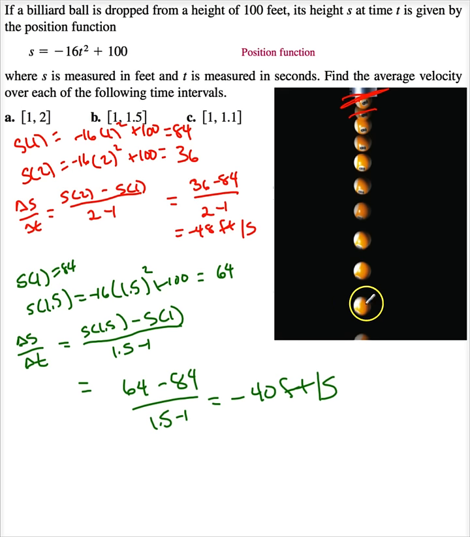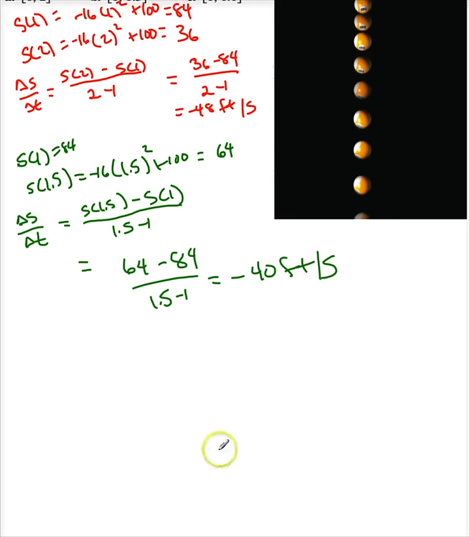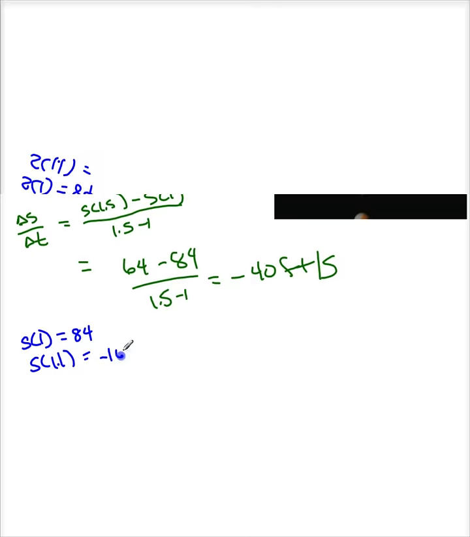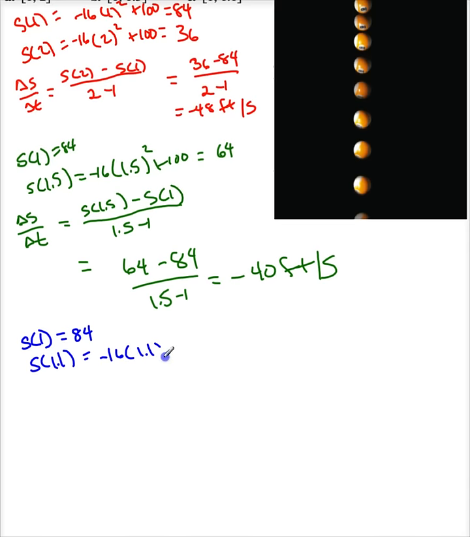Now I'm running out of room on my board here, so I don't want to necessarily show each and every step. For C, I know you can't see it, but the interval is 1 and 1.1. So again, S of 1 is 84. S of 1.1 is minus 16 times 1.1 squared plus 100.